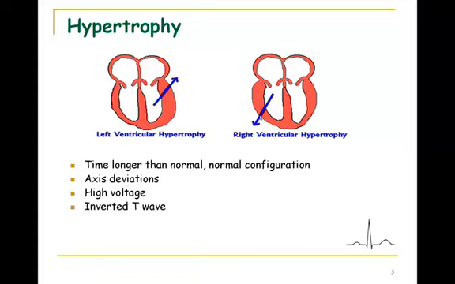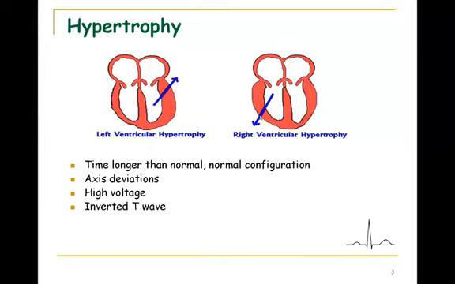The voltage is never going to be what you see with left ventricular hypertrophy. So unless you had a previous ECG on that person, you may not notice that their ECG is a high voltage ECG. But what you'll notice with people with right ventricular hypertrophy, if you look at the chest leads, is that you will have an R wave in V1 and an S wave in V5 or V6.